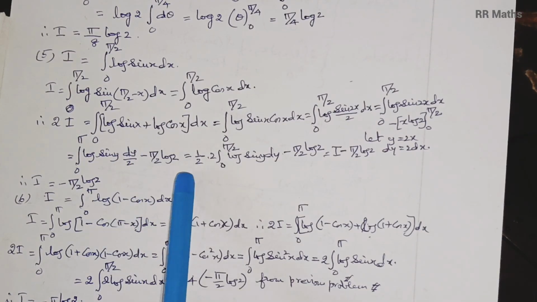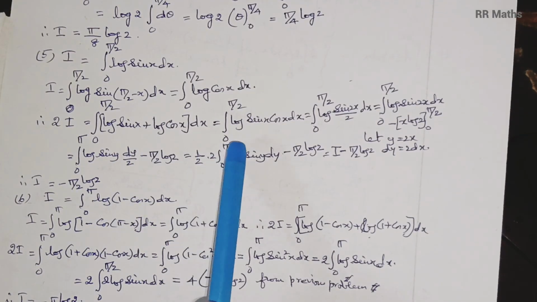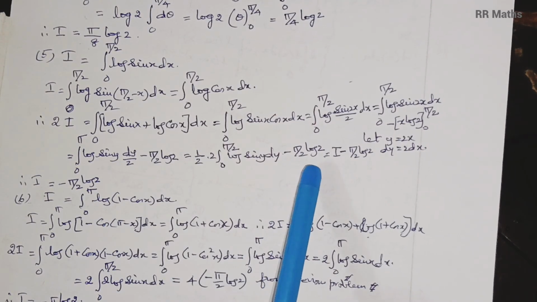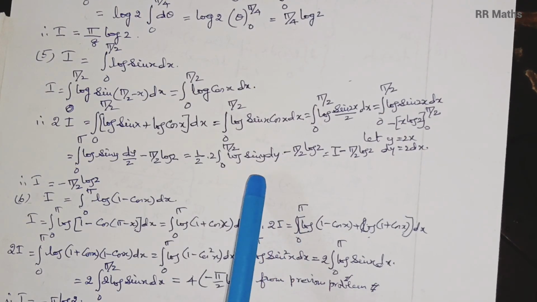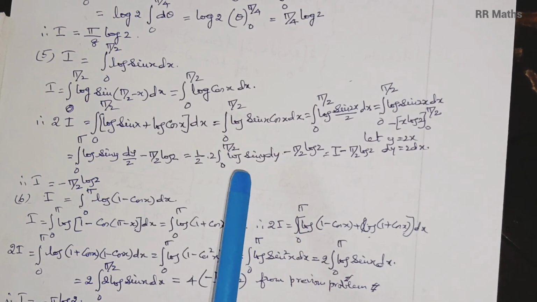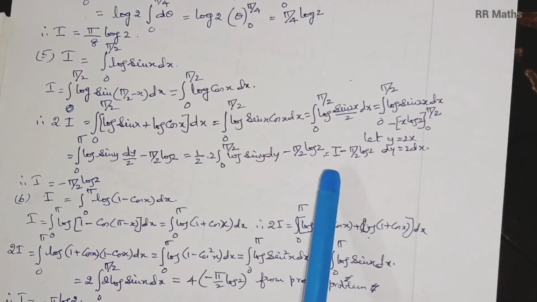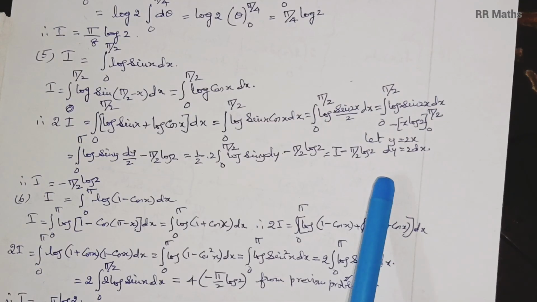So this half comes out: 2 times integral 0 to pi by 2 log of sin y dy minus pi by 2 log 2. Now log sin y dy is the original given integral, which we have called I. This 2 gets cancelled, so this reduces to I minus pi by 2 log 2.